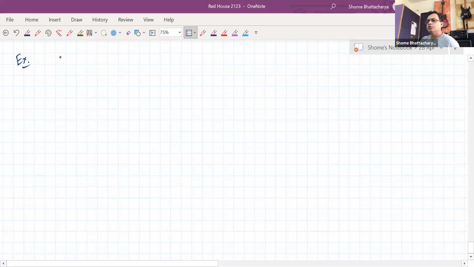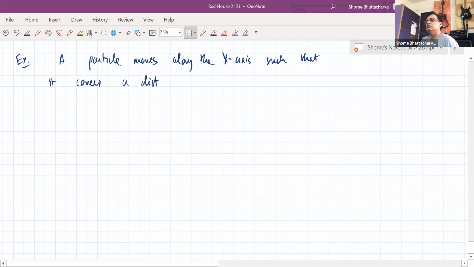So suppose we have a situation that a particle moves along the x-axis such that it covers a distance of s equal to, let's say, t square, from time t equal to 0 to t equal to t.